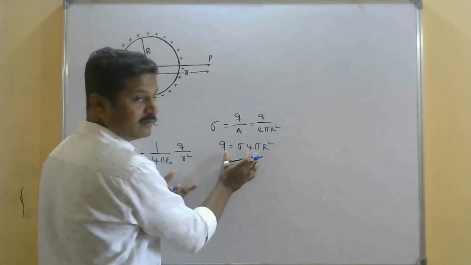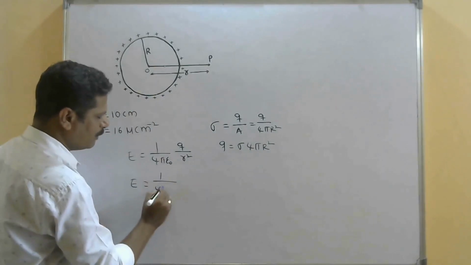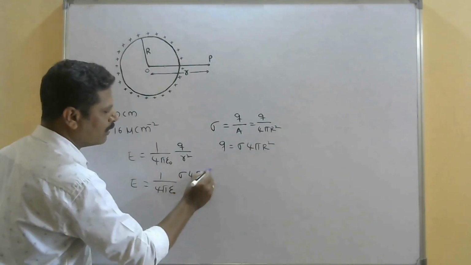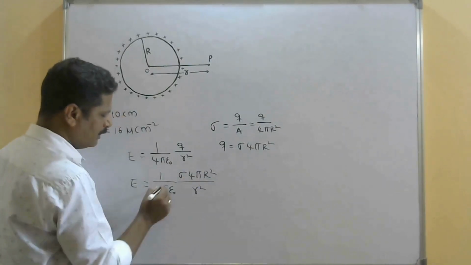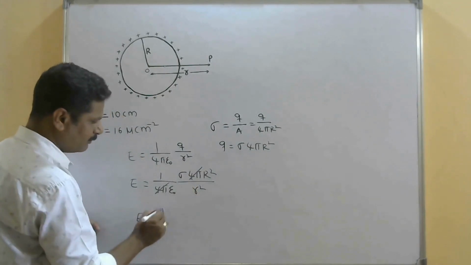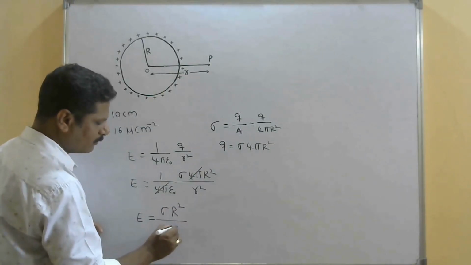Now, substitute this Q here. Then we get E equals 1 by 4 pi epsilon naught times sigma 4 pi R square divided by small r square. Here 4 pi cancels. We are left with sigma capital R square divided by epsilon naught r square.